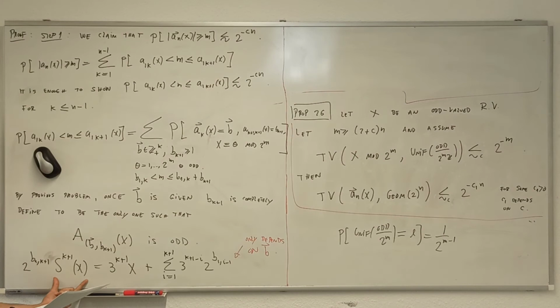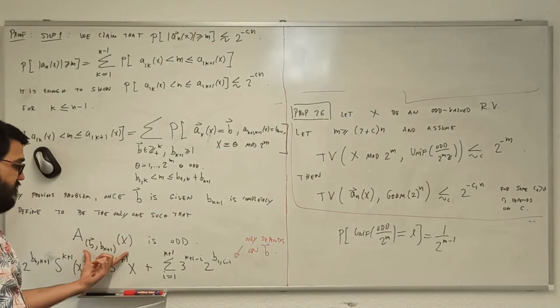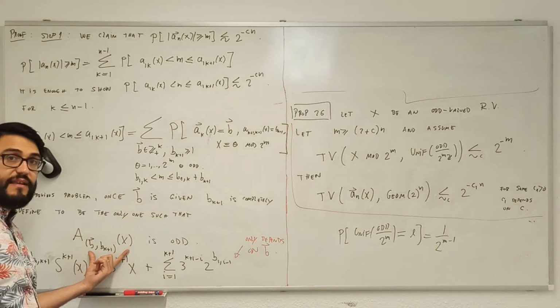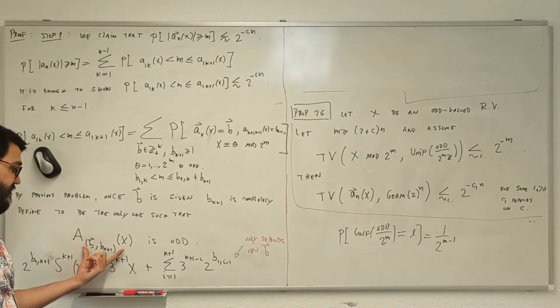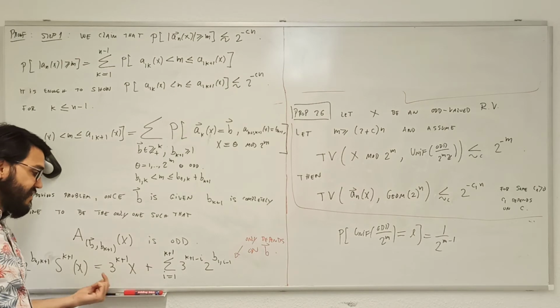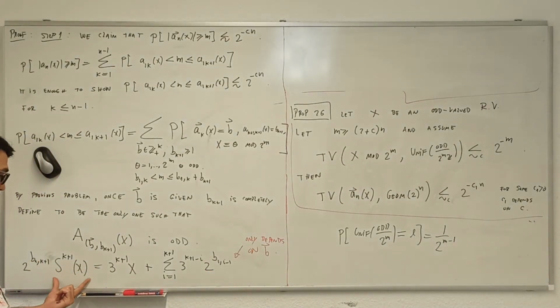And this guy here is odd. So you can see that the choice of b_{k+1} to be the unique guy such that this thing here is odd is exactly the same as asking, by this calculation here, that this thing here is equal to an odd guy times 2^{b_1+...+b_{k+1}}.